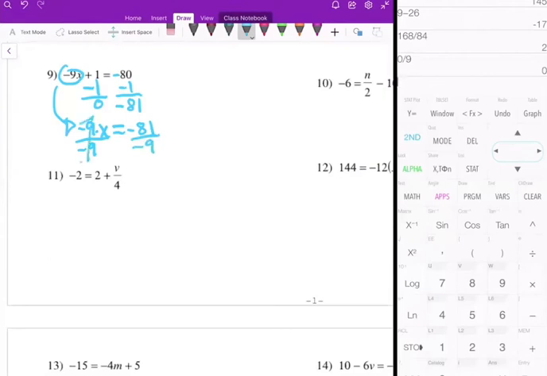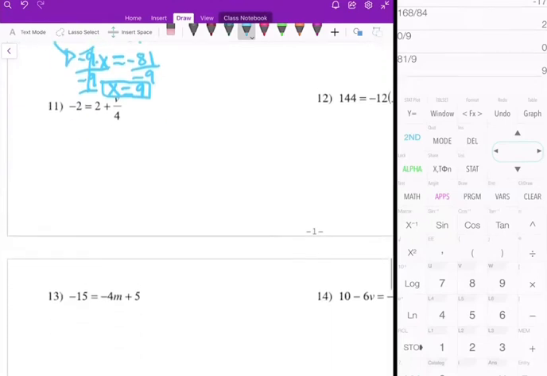So this becomes a 1. Then I'm left with x equals, a negative divided by a negative is just a positive. So 81 divided by 9 is equal to 9, right? So x equals 9.